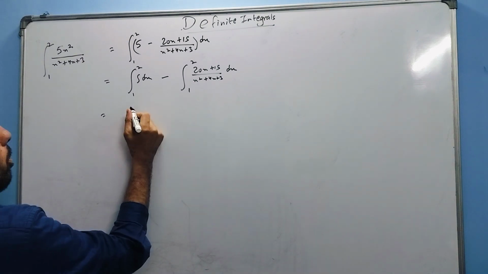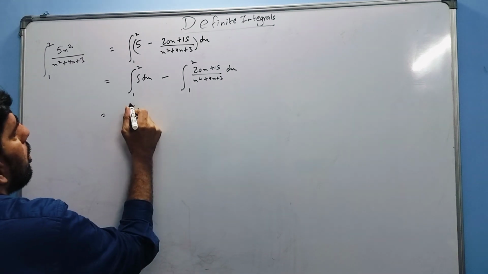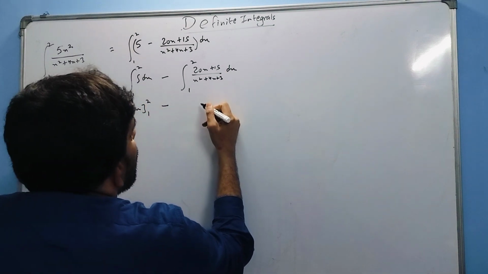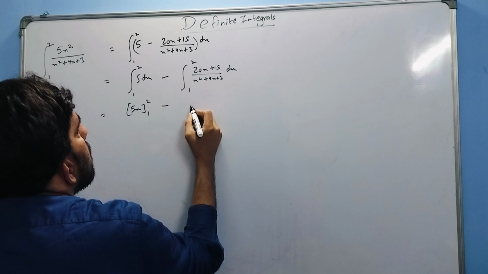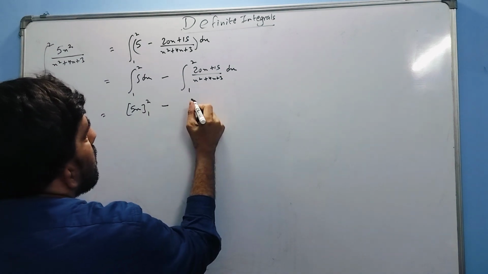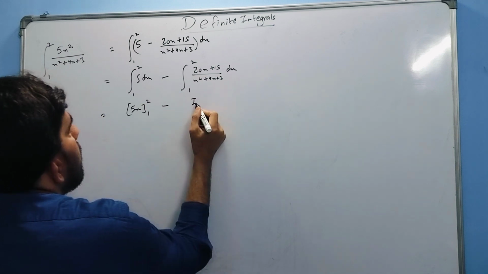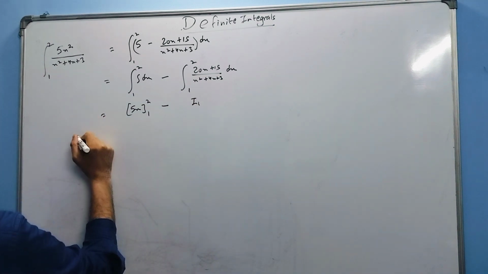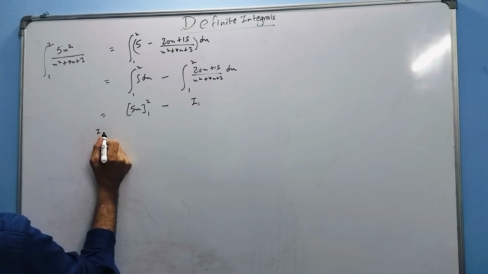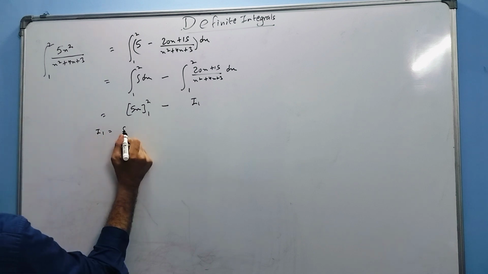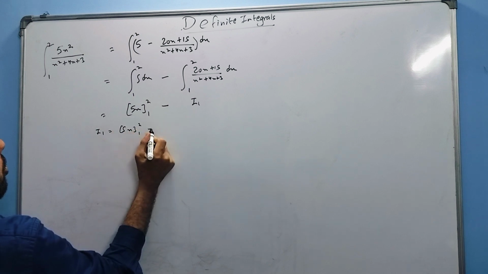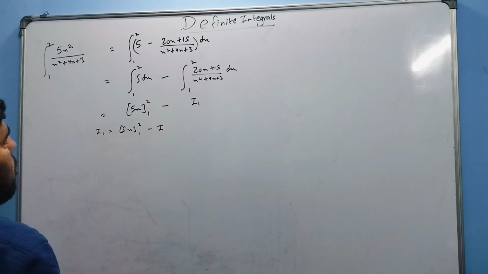So I will get 5x, with limits 2 and 1, minus the second integral. Let us take the first as I1 and the second as I. So I1 is equal to 5x minus I. Okay, so now we'll solve this.